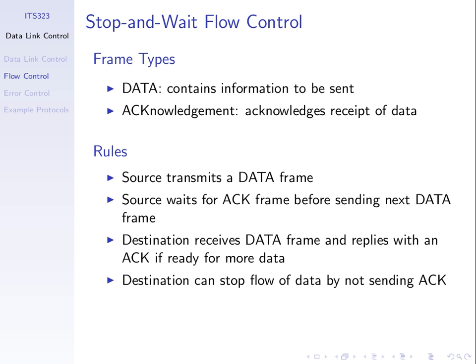If you send an acknowledgement, it means you want more data. If you do not want any more data at the moment, don't send an acknowledgement. So we'll get this sequence of, in the best case, send some data, receive an ACK. Send some data, receive an ACK. Data, ACK, and so on.